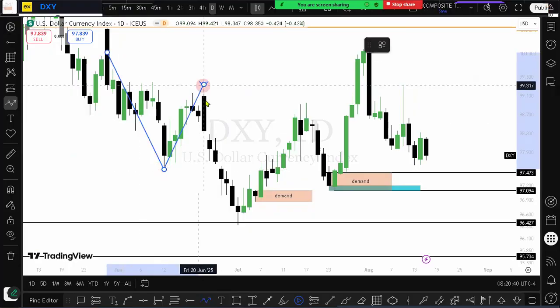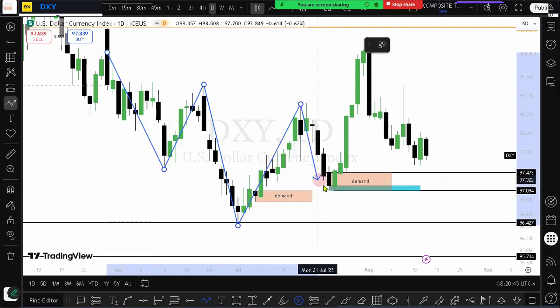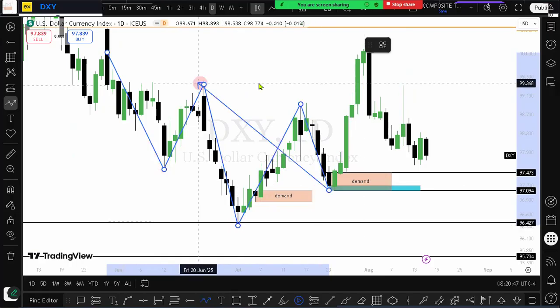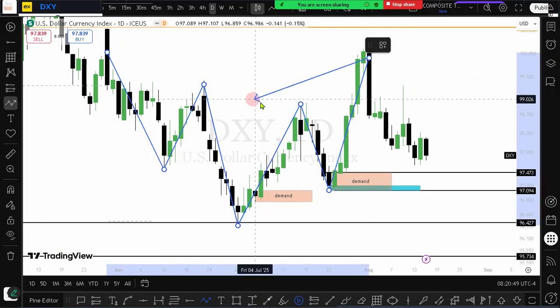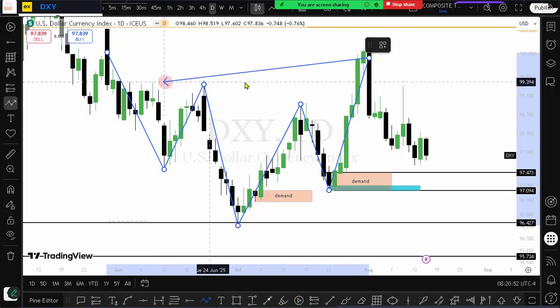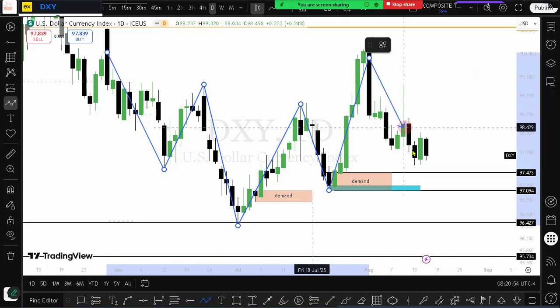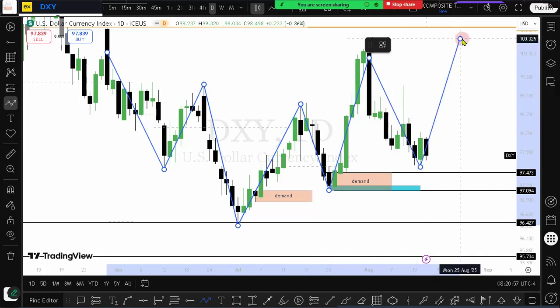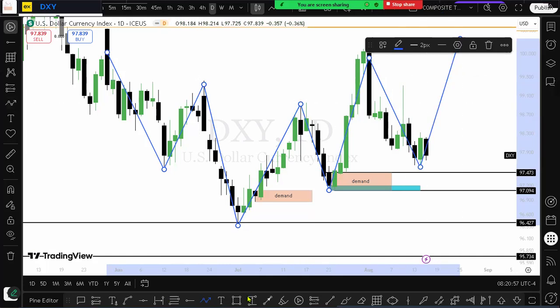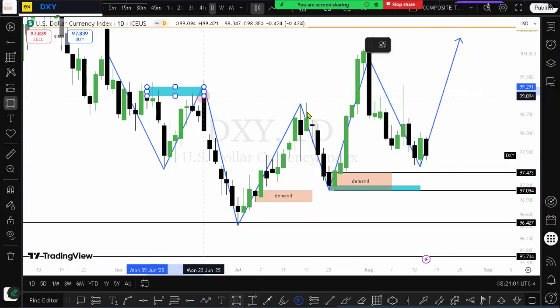The left shoulder, the head, the right shoulder, then price goes higher. That's what we call the neckline, for those who know the neckline. And price just goes back to a demand, and you expect to get something like this. So this is just ideas that I tend to share.